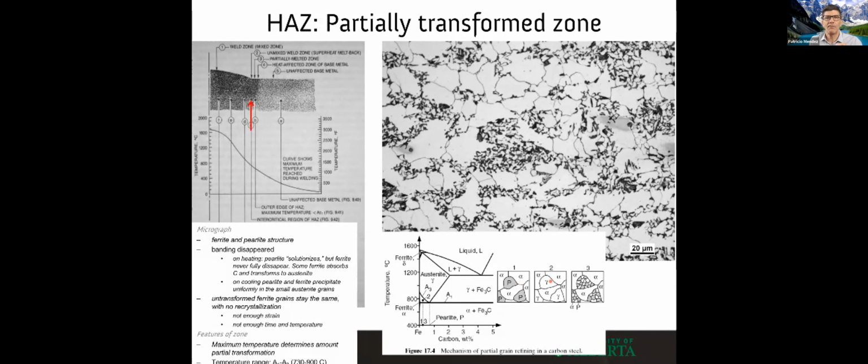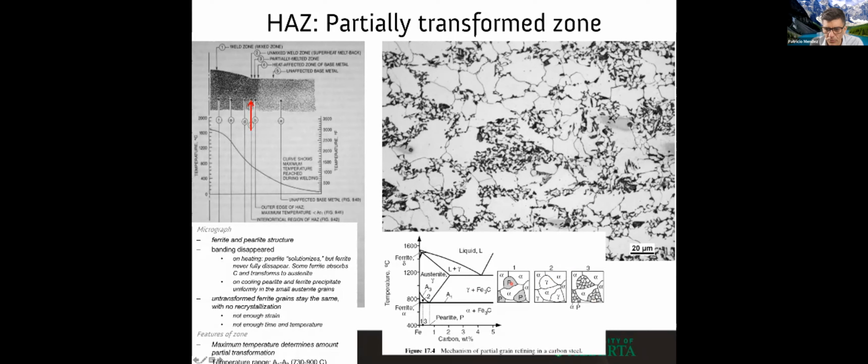When I cool down ferrite, does the ferrite transform into anything? No. If I cool down ferrite, the ferrite is ferrite. Ferritic steels, right? The steels that are always ferritic don't transform. Not so interesting. But how about the austenite?